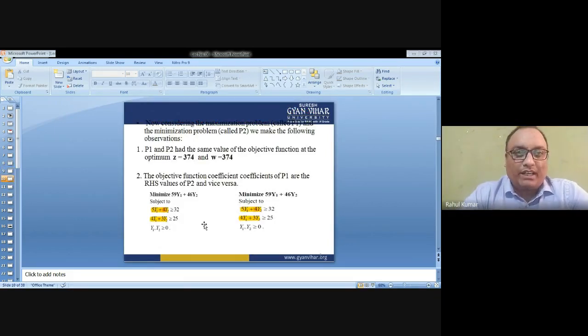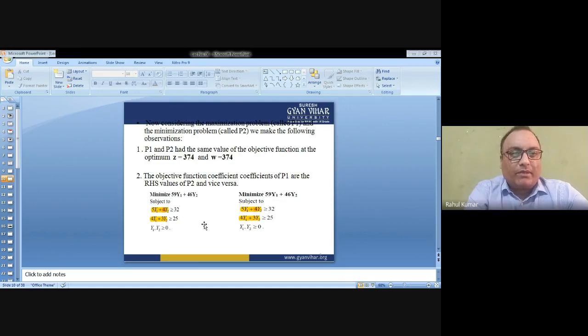P1 and P2 have the same values of the objective function at the optimal, just like z equal to 374 and w equal to 374. The objective function coefficients of P1 are the RHS values of P2 and vice versa.